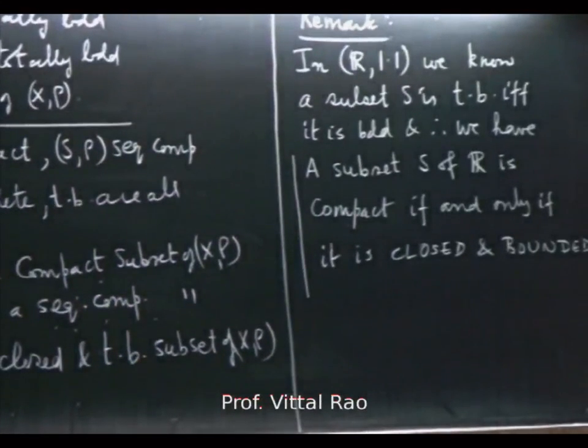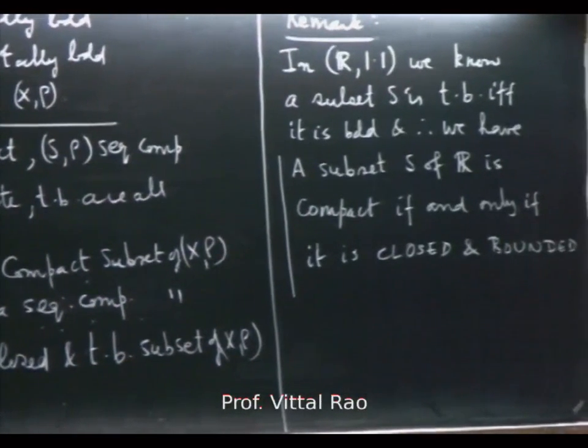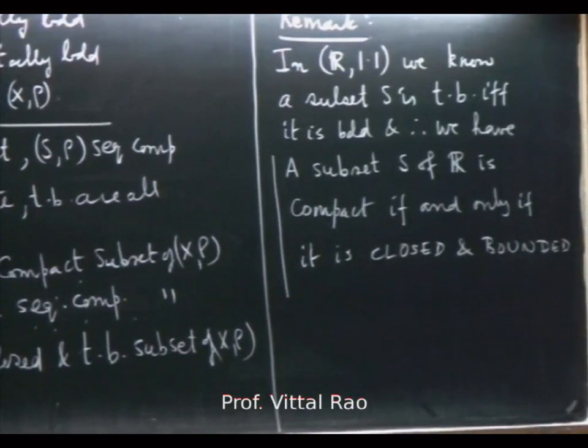So that is a characterization of compact sets. In the real line, closedness and boundedness characterize compact sets. In a general metric space, the boundedness has to be lifted to total boundedness. Closedness and total boundedness characterize compact sets.